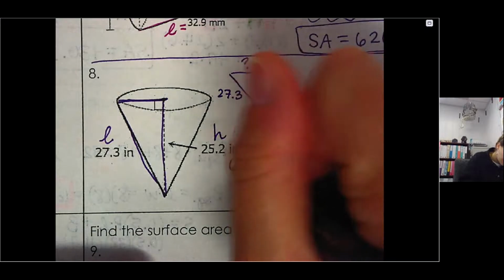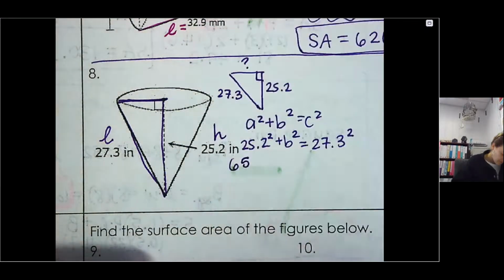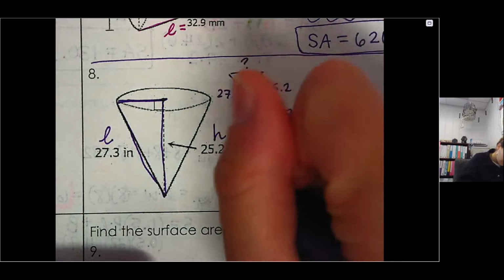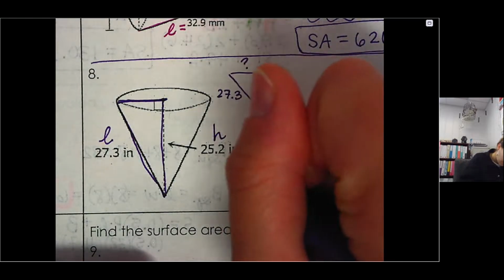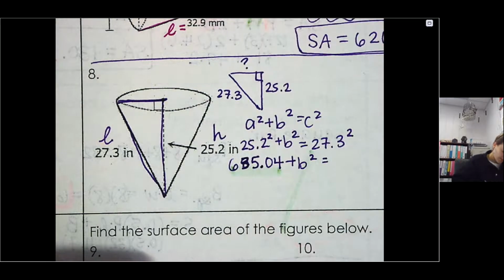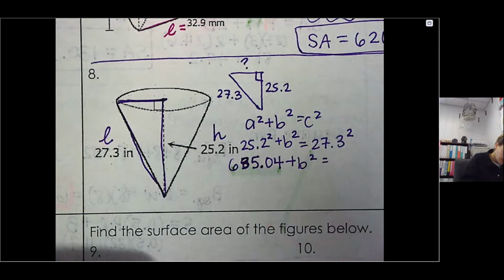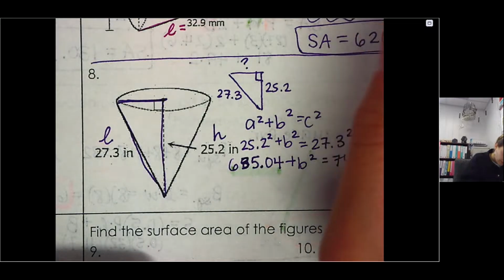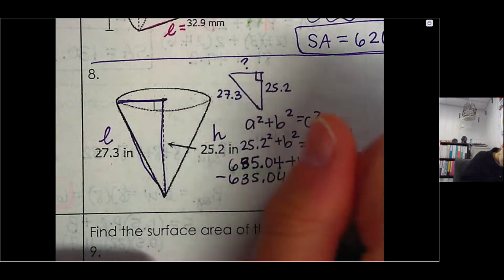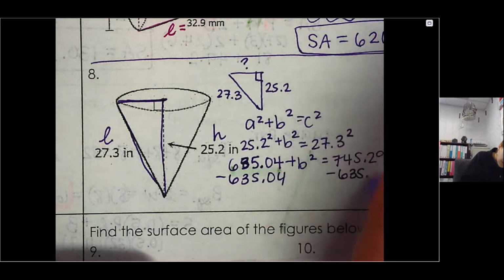So 25.2 squared is 635.04. 27.3 squared is 745.29. Then I subtract 635.04 from both sides to get B squared all by itself.